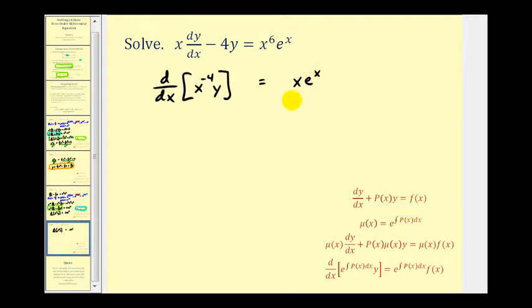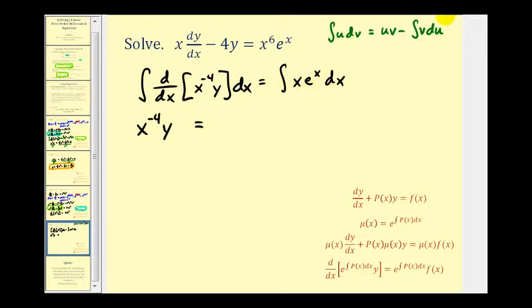So again, now we're going to integrate both sides with respect to x. So the integral and derivative will undo each other, so we'll have x to the negative 4y. And to integrate here, we have to apply integration by parts. So just to review, here's the formula for integration by parts.